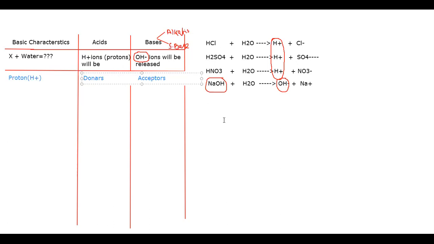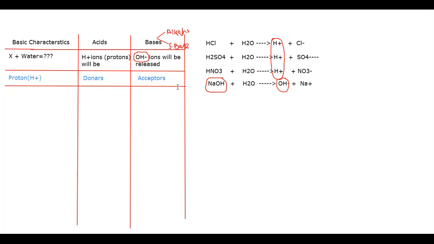You may experience such questions in your exam: describe which substance is an acid and which is a base on the basis of the proton donor theory. According to proton donor theory, acids are the proton donors and the bases are the proton acceptors and recipients.